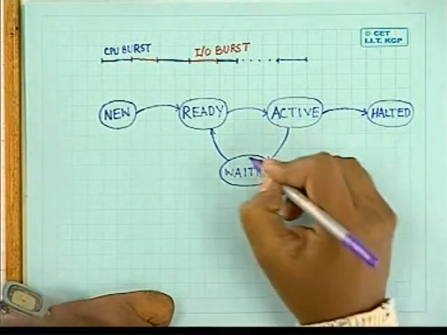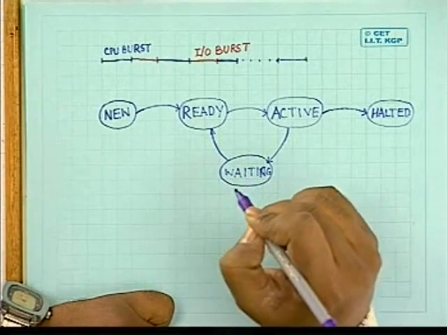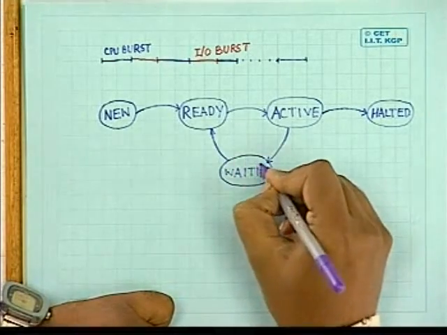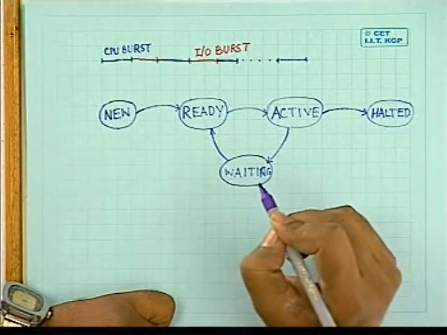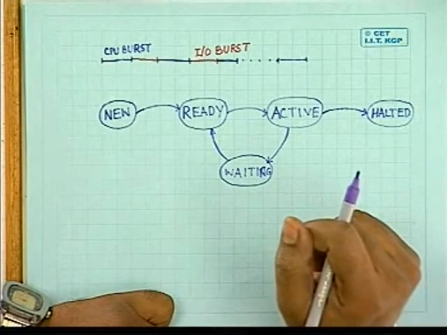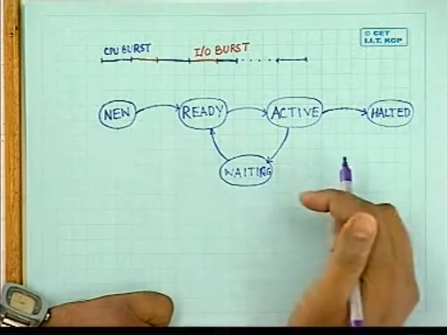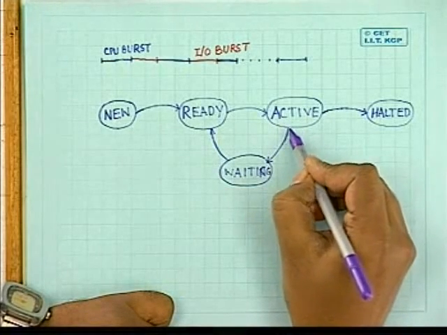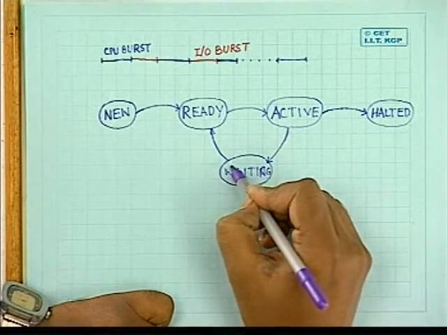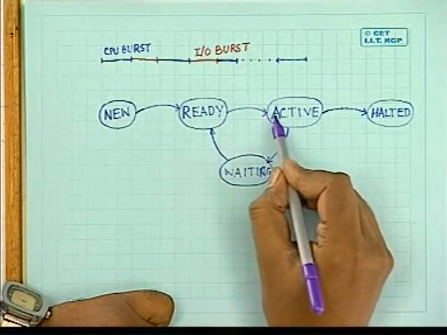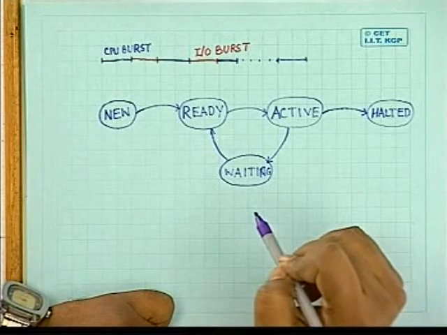That means it is again in the ready queue. The job becomes ready, and again the CPU scheduler later decides when to give this job to the CPU for execution of the next CPU burst. So you find that from the active state, the job will go to waiting state, from waiting state to ready state, then from ready state it will again be active at some later time.